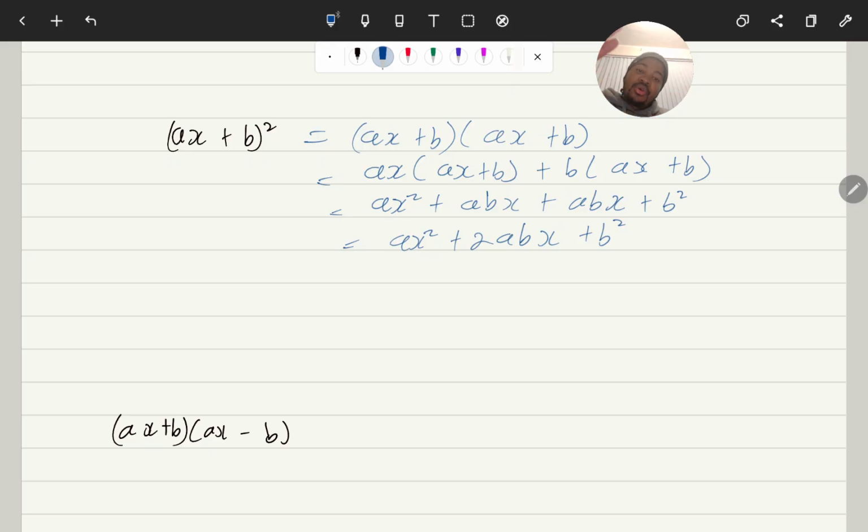I want to pause now, because there's this beautiful shortcut. It works, and I'm going to prove to you that it works. When you have (ax plus b) squared, you take these two and square them, so you have a squared x squared. Then you take these two and multiply them together, you have abx.